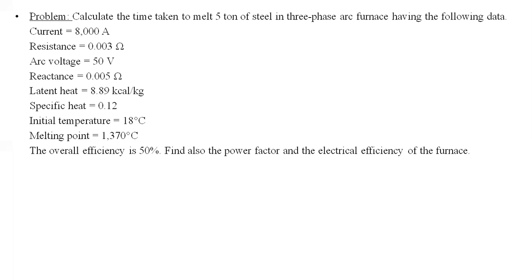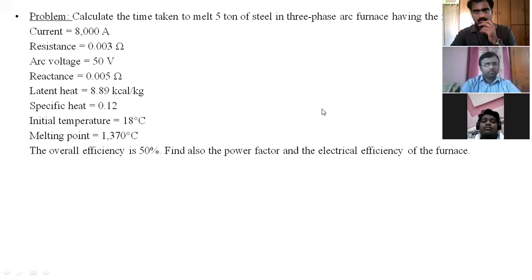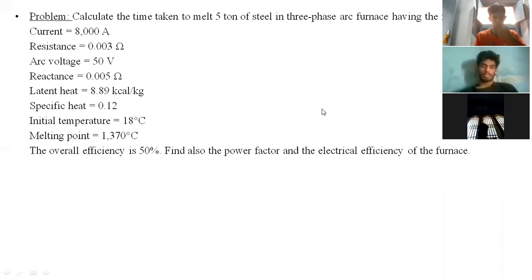From this data, he is asking to find out the power factor, that is cos phi, and the electrical efficiency of the furnace. Please note down this data from the question.